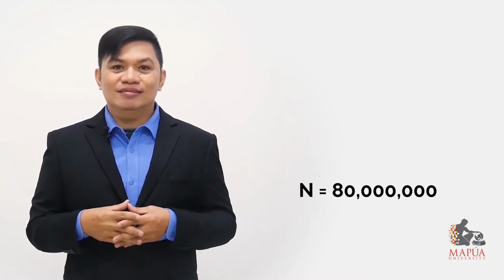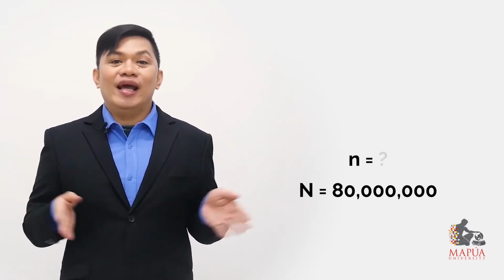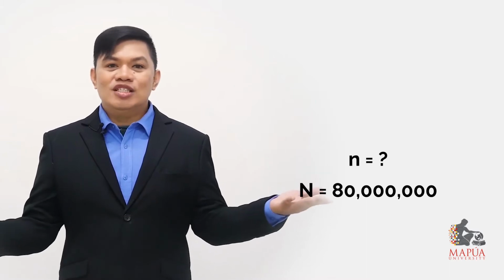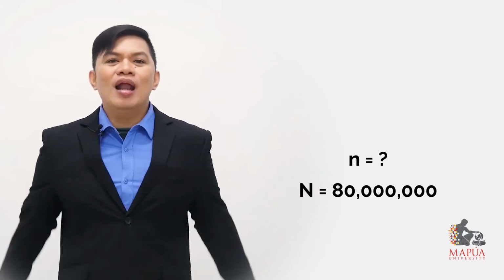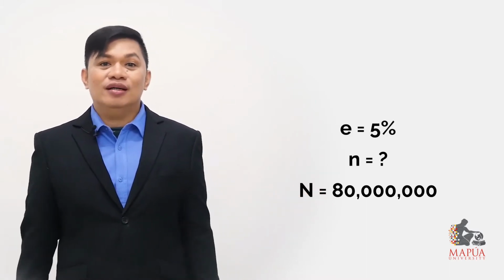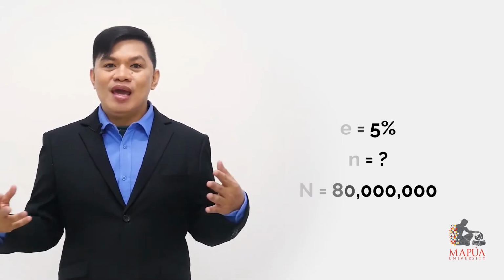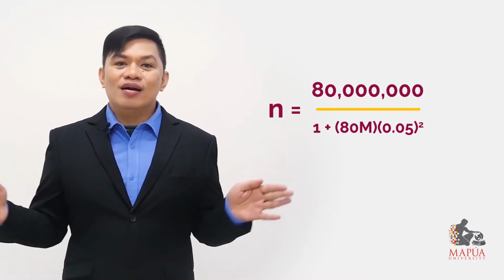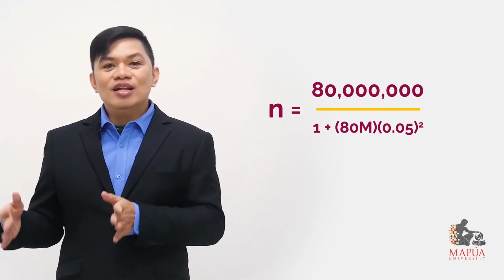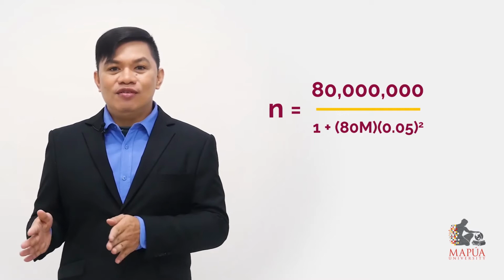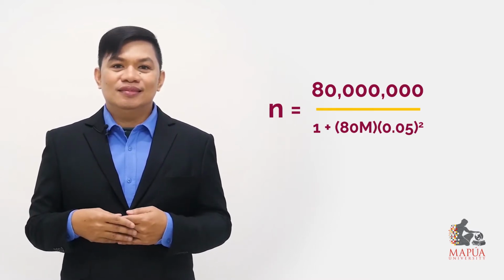Well, we will use the Slovin formula. So in the formula, capital N is actually 80 million. And then what we want is the small n. What's the margin of error? Okay, let's first apply a 5% margin of error. So, bring out your calculator, compute. So it's going to be 80 million over 1 plus 80 million multiplied by 0.05 squared. Okay.